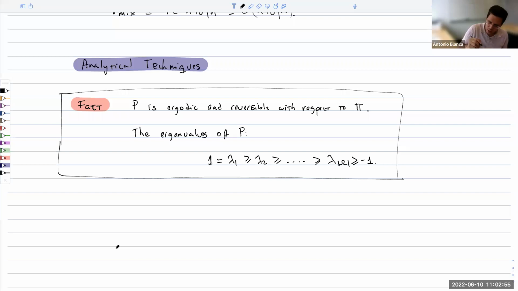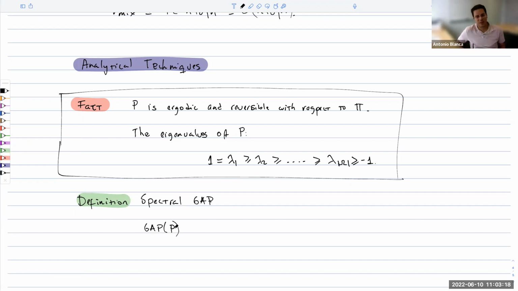But here is the interesting quantity, and this is perhaps a little surprising to some of you. We're going to look at something called the spectral gap. Let's call it gap of P, and the spectral gap of a matrix is the difference between the largest eigenvalue and the second largest eigenvalue in absolute value.